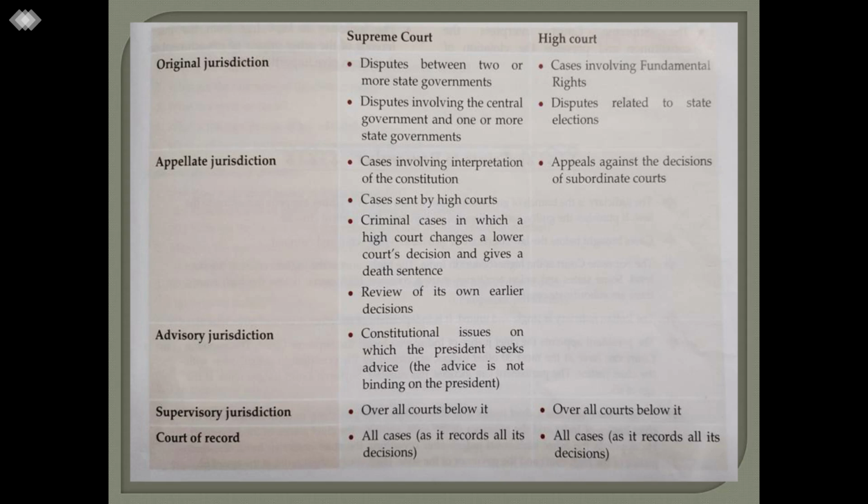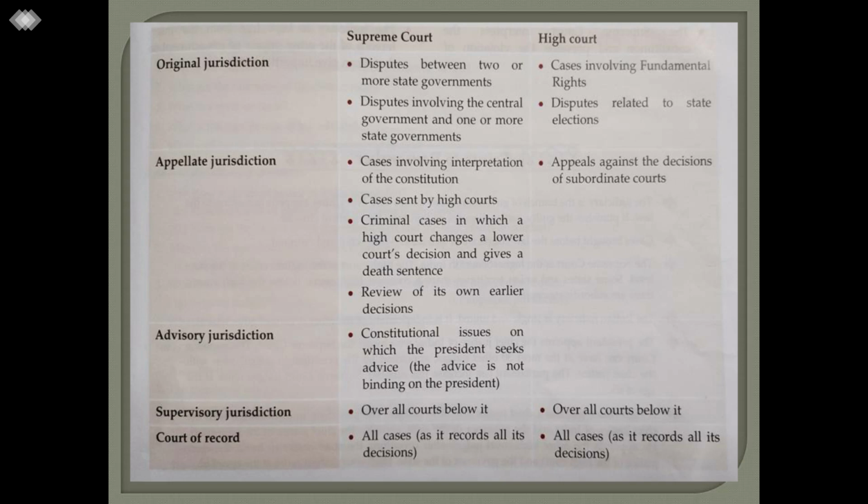The advisory jurisdiction of the Supreme Court includes constitutional issues on which the President seeks advice. The advice is not binding on the President. The Supreme Court has supervisory jurisdiction over all courts below it, and the High Court has supervisory jurisdiction over all courts below it.